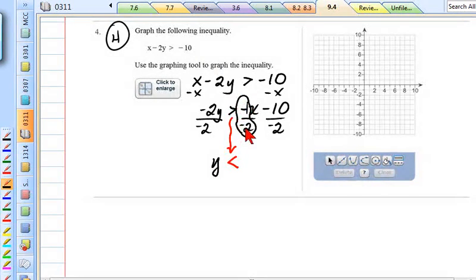I've got a negative 1 over a negative 2. I'm not going to leave it negative over negative. I'm going to write it as positive 1/2 x. Then I have negative 10 over negative 2, which is positive 5. I hope it's very obvious to you that if you neglect this rule of inequalities, you'll shade the wrong side.